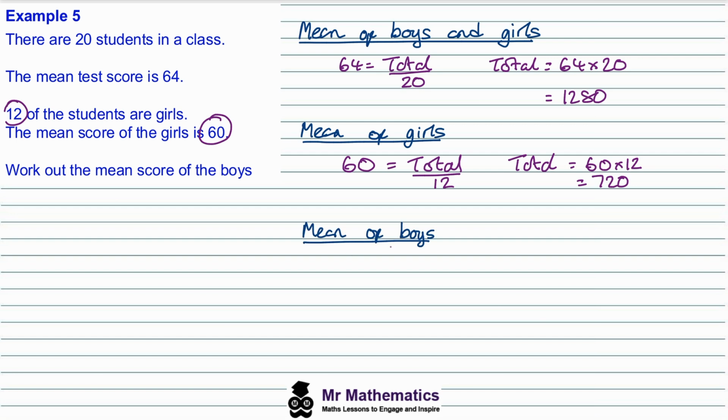So the mean for the boys, well, we'll have a total of everybody minus the girls. So that'll be 560. So the mean will be the total for the boys divided by the number of boys we have, which is 8. And this will give us 70.